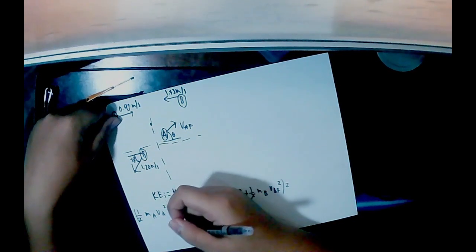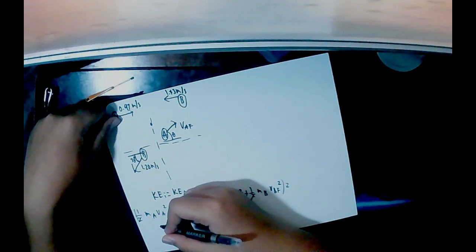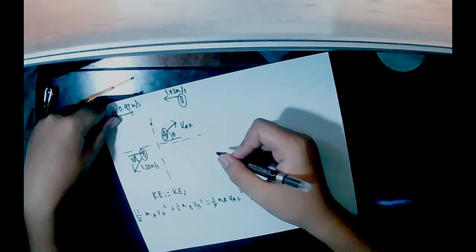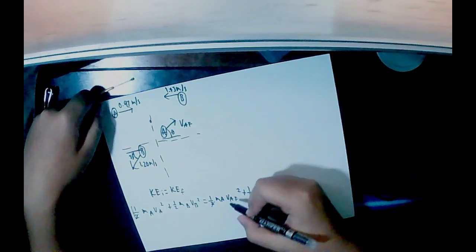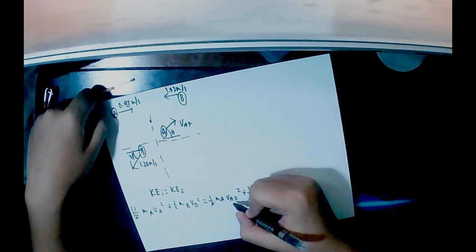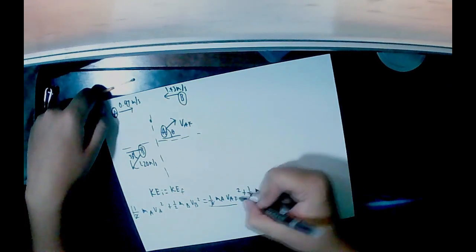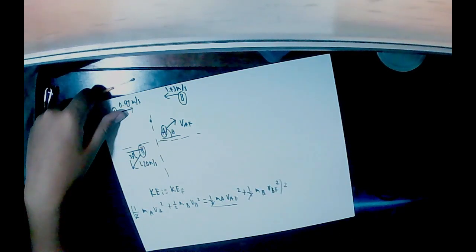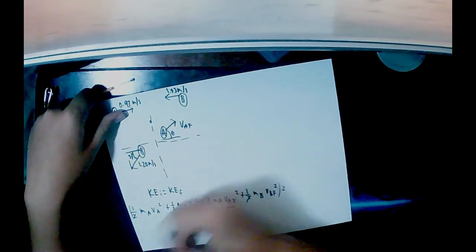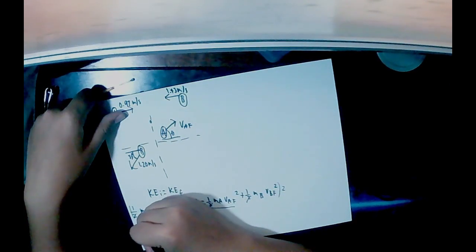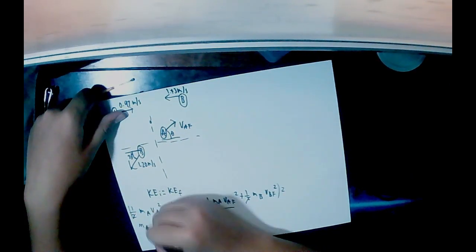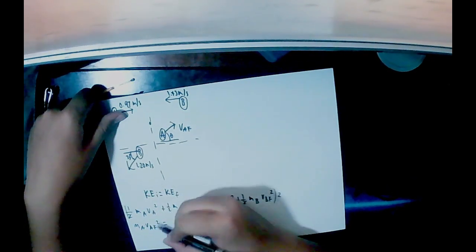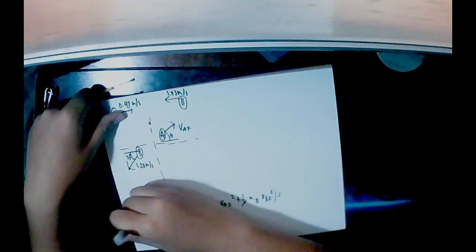So ang hinahanap nga natin dito ay V sub A F. So, ilagay lang natin siya sa isang side ng equation. Okay. So M sub A V sub A F squared is equals to, kokopyahin natin to.